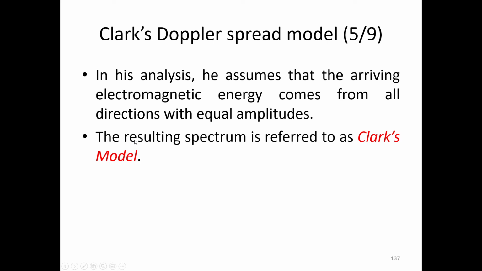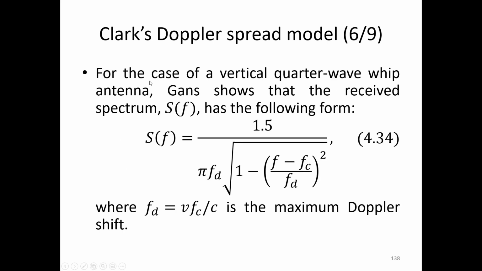For the case of a vertical quarter wave whip antenna, Gans shows that the received spectrum, capital S of f, has the following form.